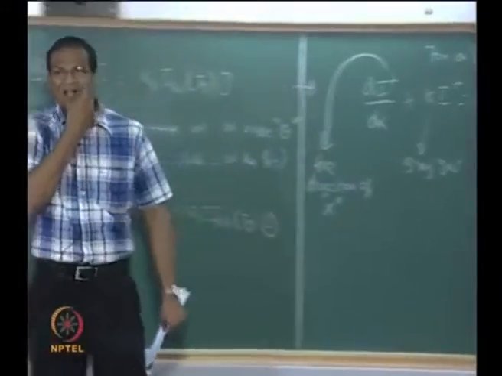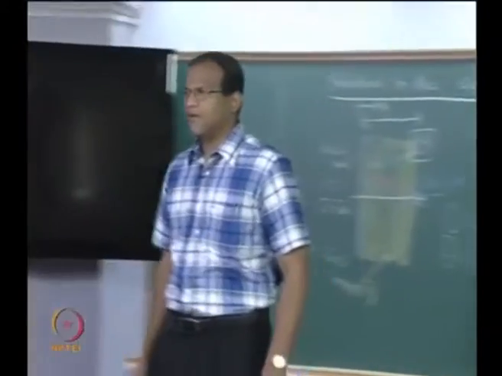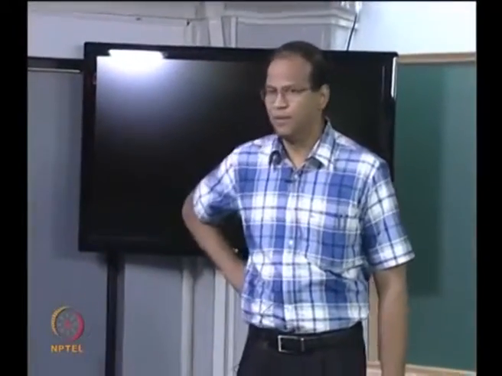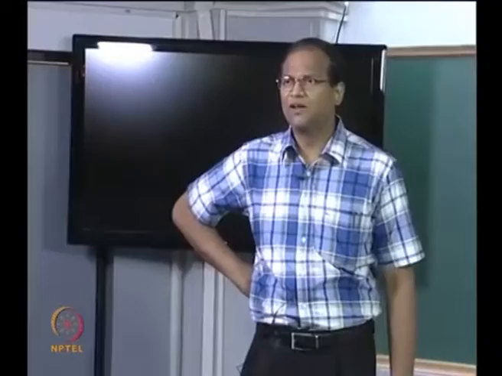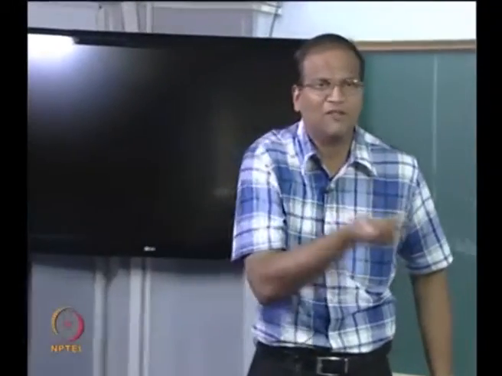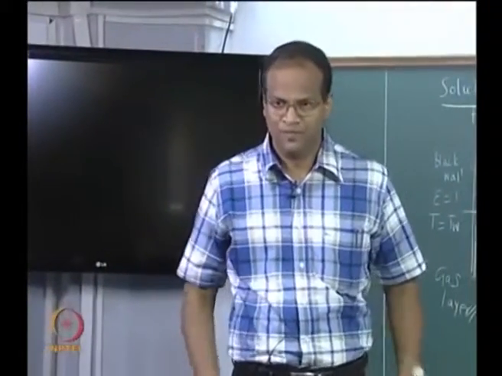What else? I am replacing the I B lambda by I B equals sigma Tg to the power of 4 by pi, nothing spectacular, there is nothing which was applied which we did not know.